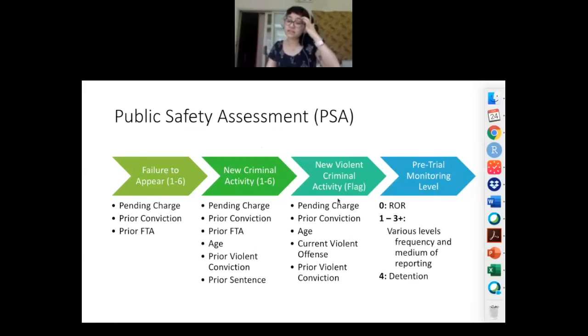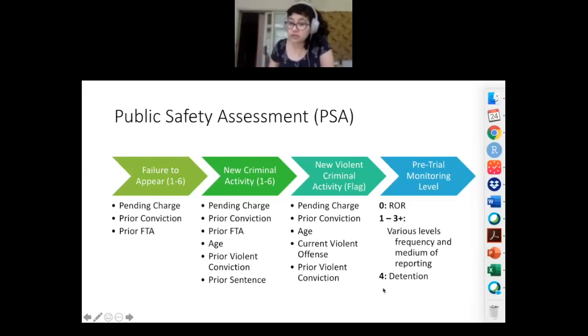The public safety assessment, which is used in New Jersey's pretrial court hearings to determine, prior to being convicted, whether or not you're going to be put in jail, is based off of a public safety assessment score. You see that there are different monitoring levels.